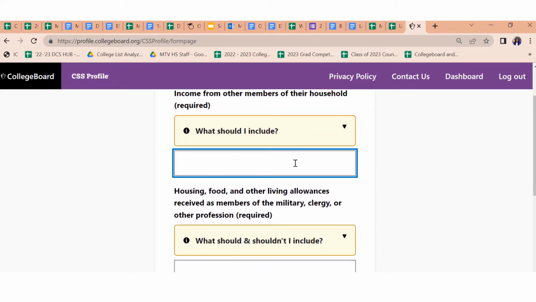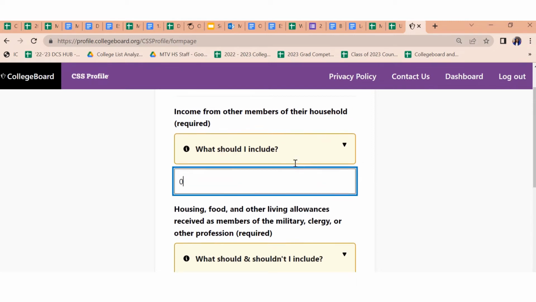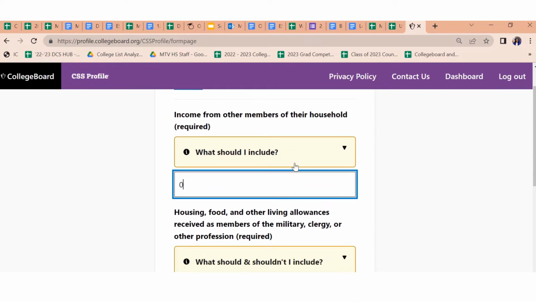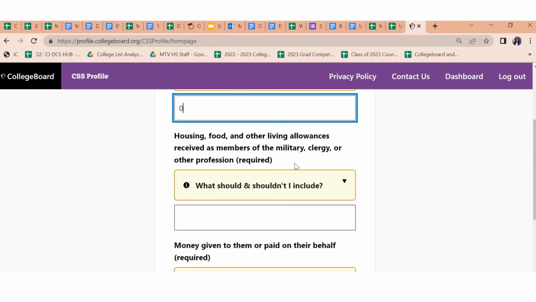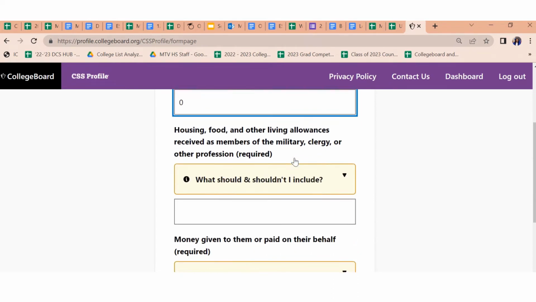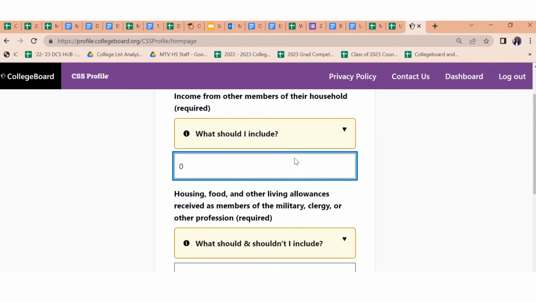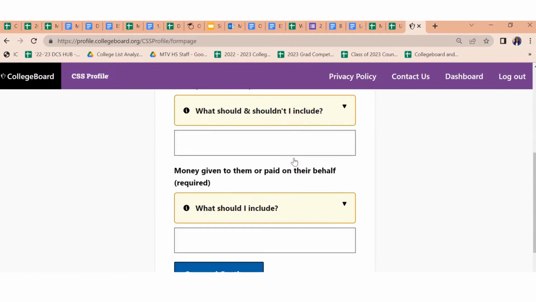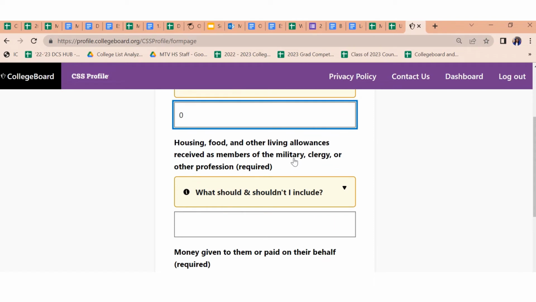Most people will put 0 here, but this would be like a set amount that somebody else living in the household contributes on a monthly basis regularly to provide income towards the family. If you have questions on that, please connect with your college counselor before answering it. Most people will put 0 for that.